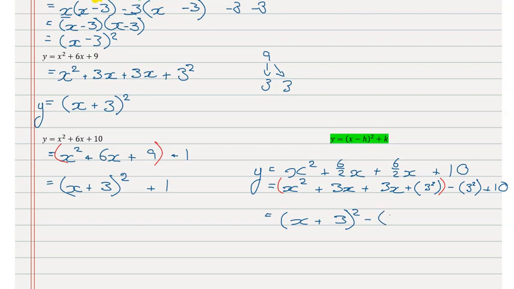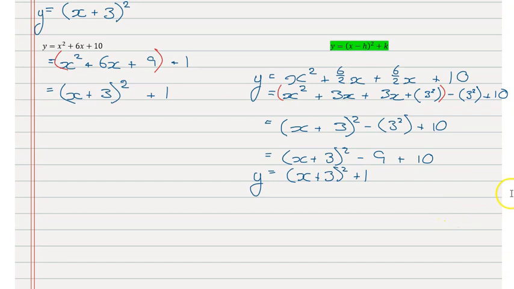So negative 3 squared plus 10, going down to a new line, x plus 3. And then I'm going to break this open, and it will become negative 9 plus 10. Finishing it all off, y equals x plus 3 squared, and negative 9 plus 10 is simply 1.